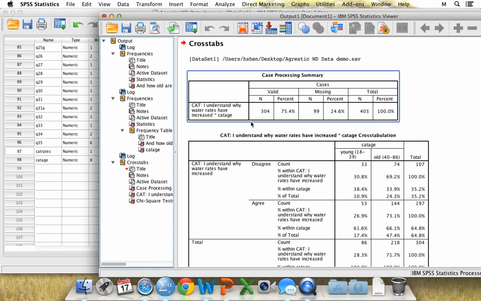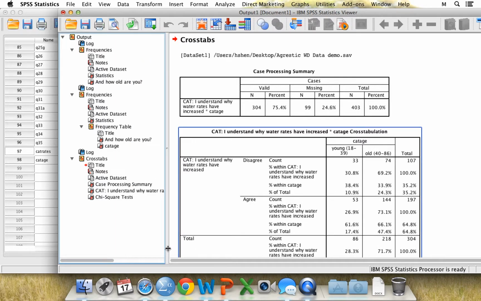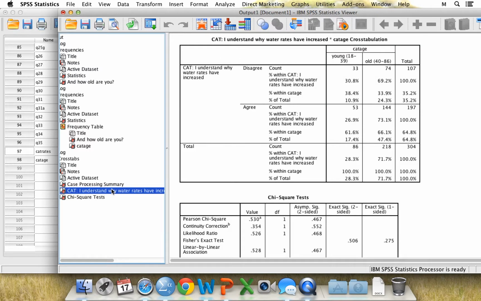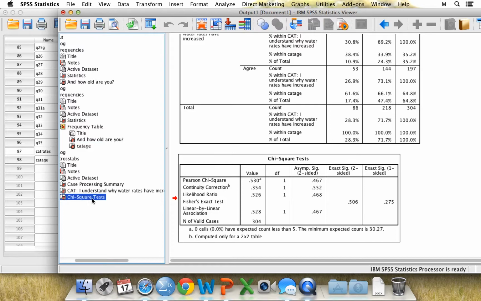So I click OK. Then the output window gives me tables for crosstabs. And in class we discussed we want to pay attention to 2 tables. One is the cross tabulation, and next is the chi-square test. So usually when I do the crosstab, I go to the chi-square test table first to see if it's significant.